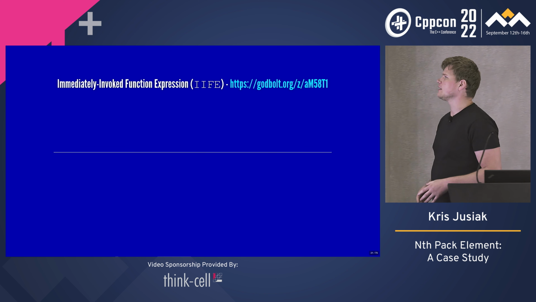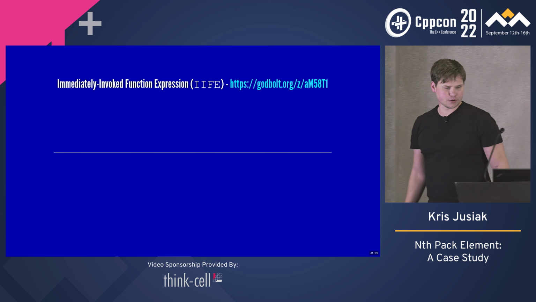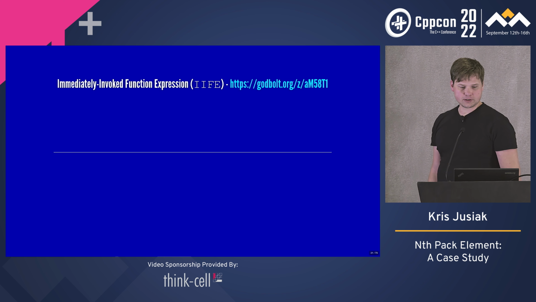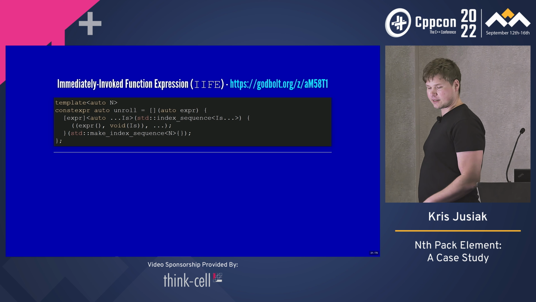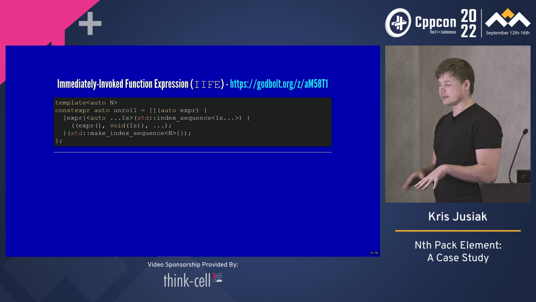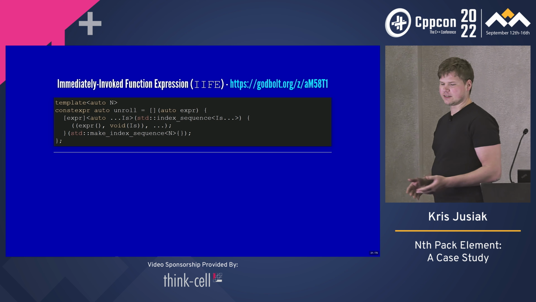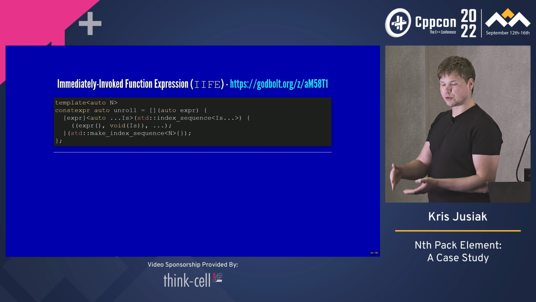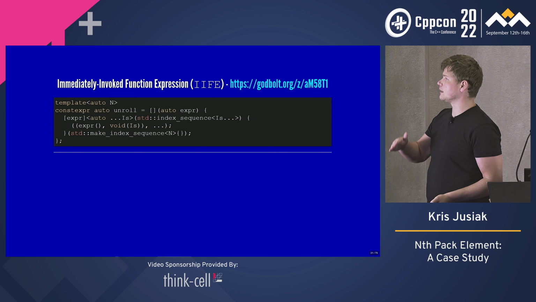Okay, so for the next solution, I actually showed that before, but I just wanted to introduce it as a good pattern: immediately invoked function expressions. That's C++20. If you want to unroll something in place, instead of doing a for, which would be difficult unless we have the template for proposal, we want to execute a function expression multiple times, but it will be unrolled.